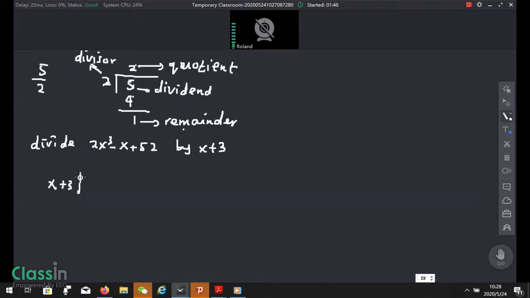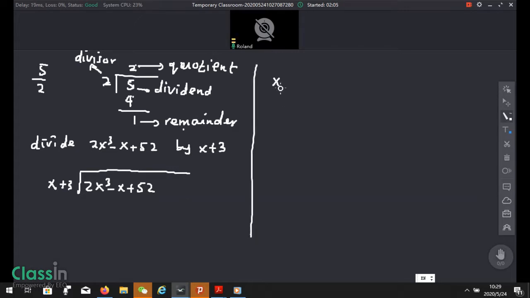We can see that there is no x squared, so we can simply replace it with 0. So we have x plus 3 dividing 2x cubed plus 0x squared minus x plus 52.